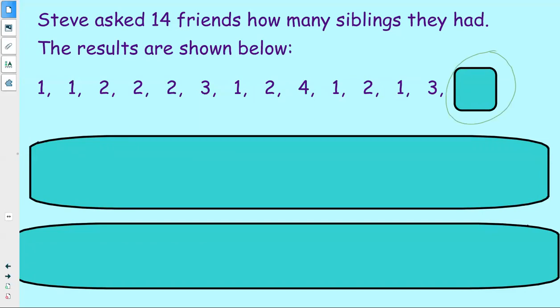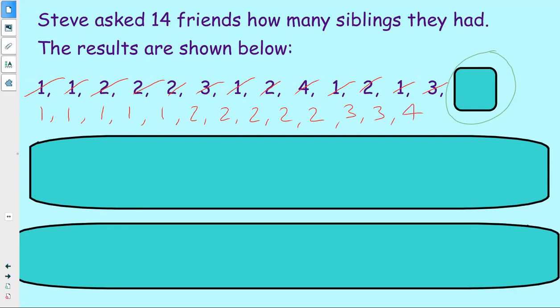So we've got a 1, 1, 2, 5 ones. 1, 2, 3, 4, 5. We've got 1, 2, 3, 4, 5 twos. We've got a 3 and a 3, so 2 3s. And we've got a 4. Okay.